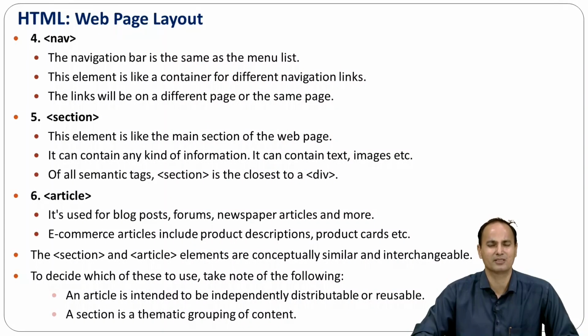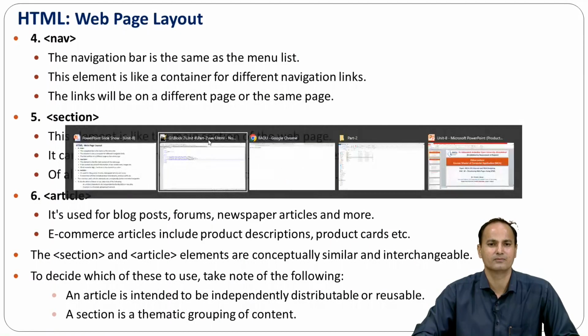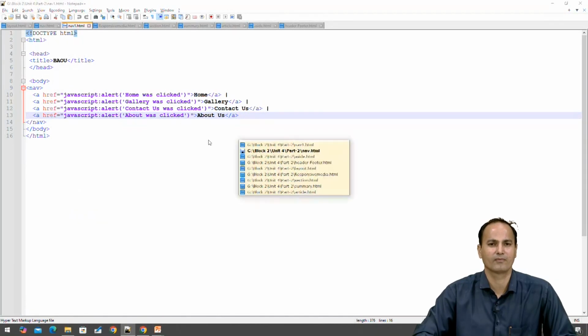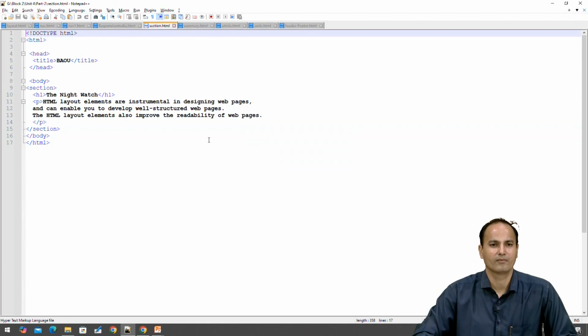Now let's try to understand these two concepts, article and section, with the help of an example. This is simply a section example, a simple one.